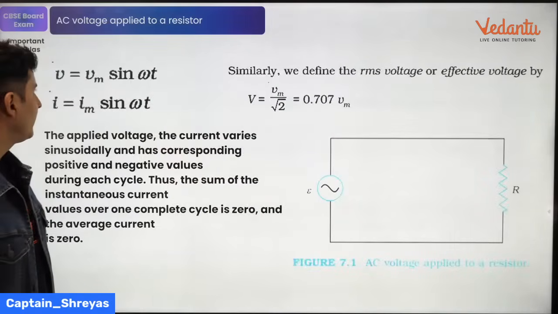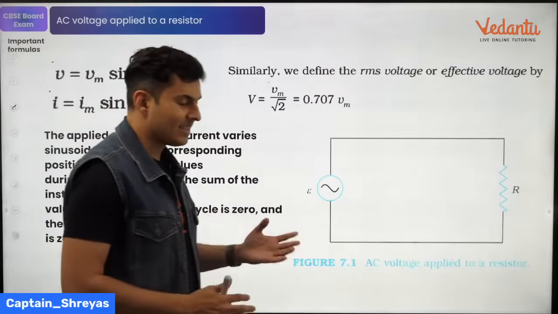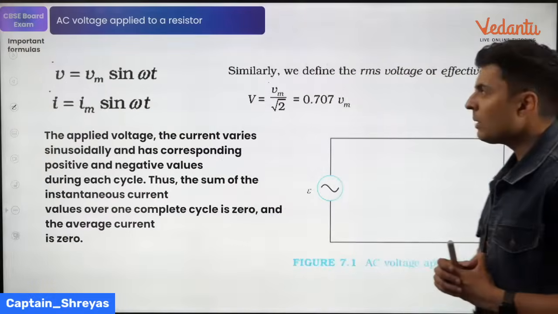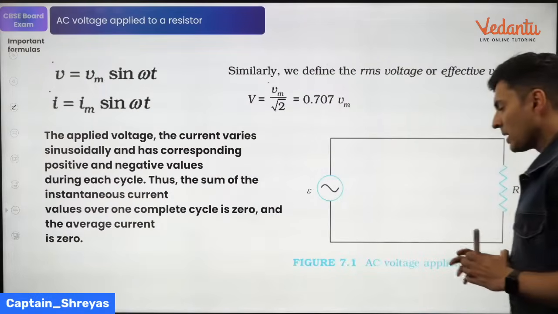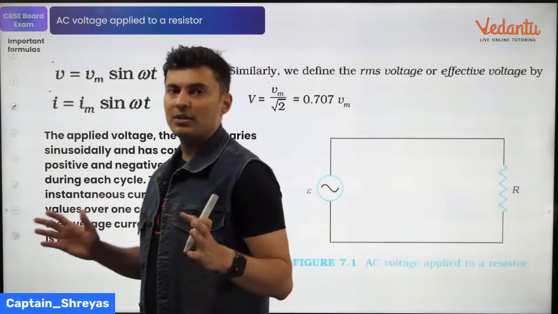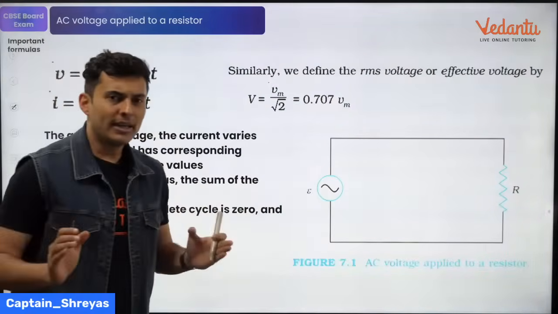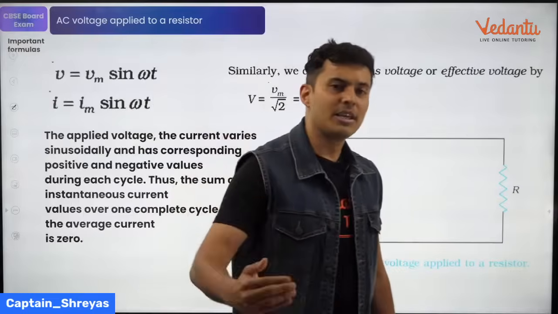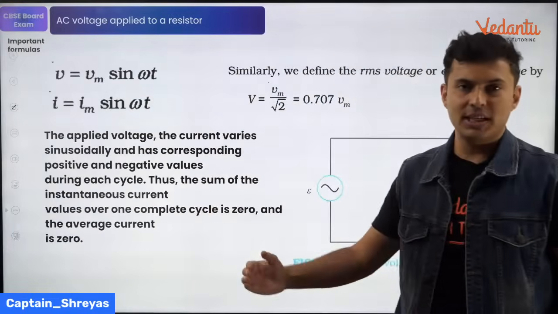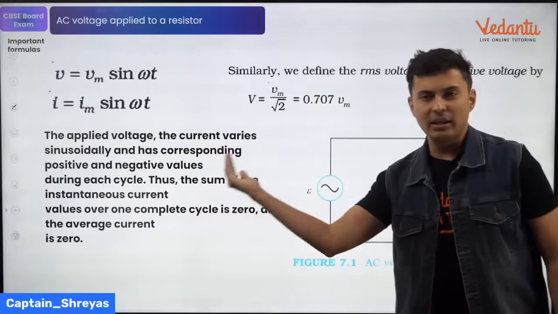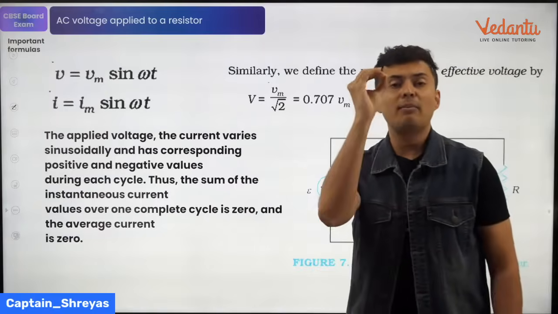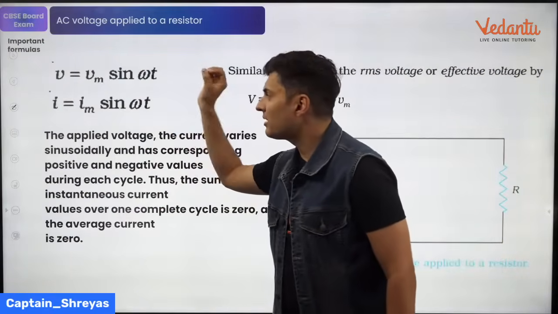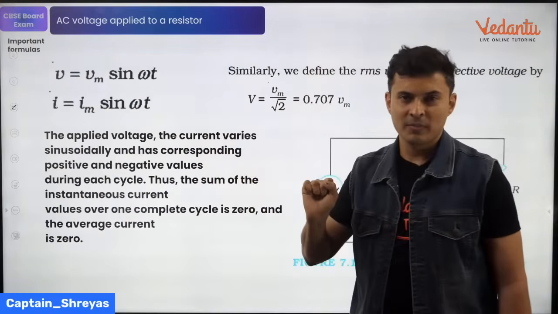Moving ahead now to AC circuits. In AC, standard things which you should know: voltage and current both change with time. They are not constant. They first go this way, then they go the other way. If you write the mathematical equation, it will be either a sine function or a cos function.